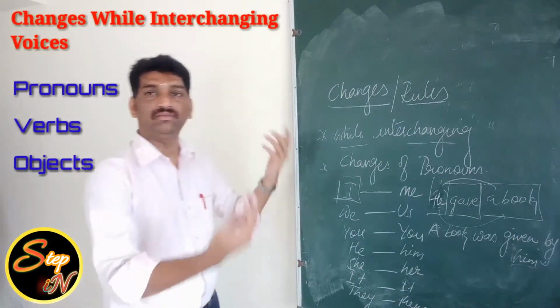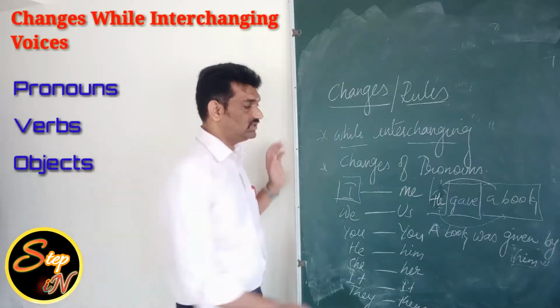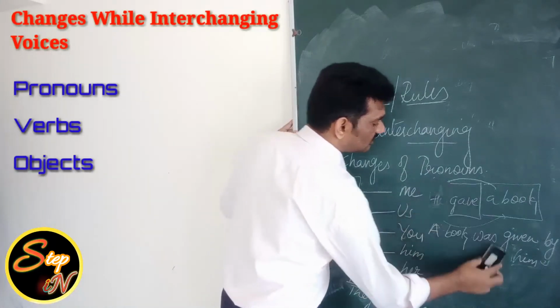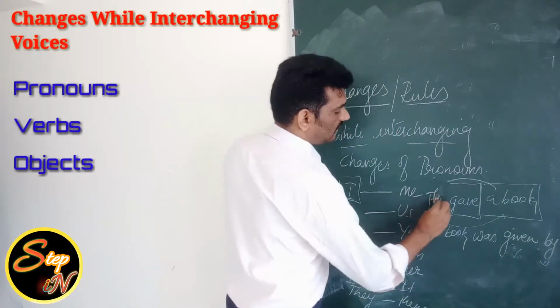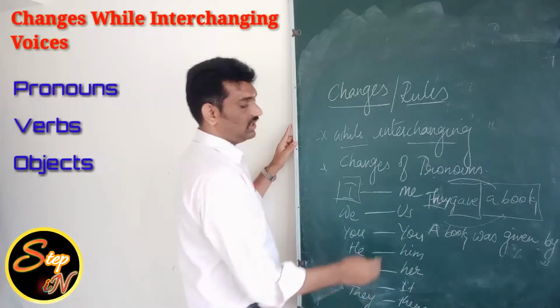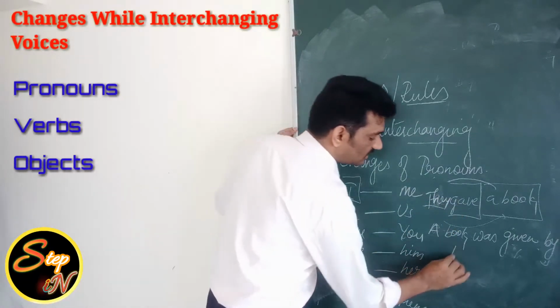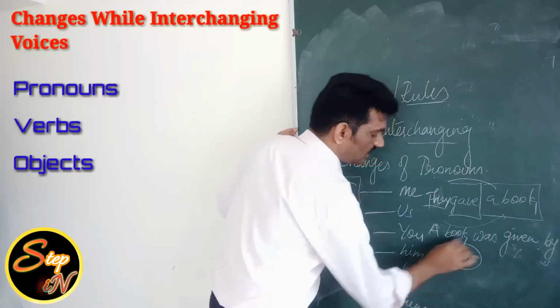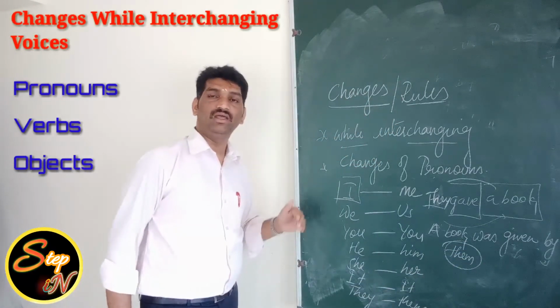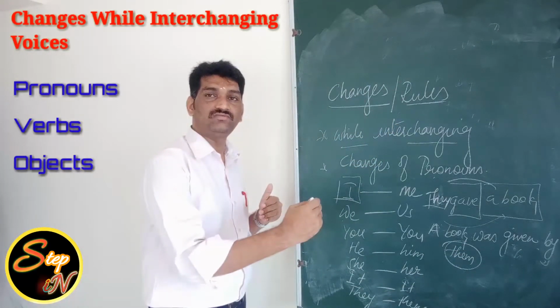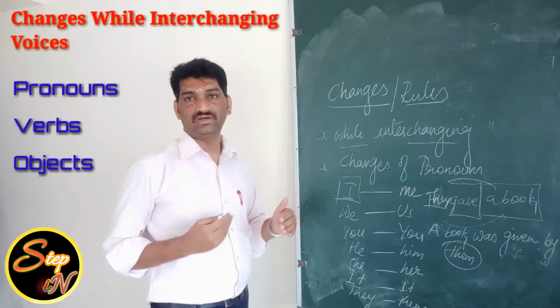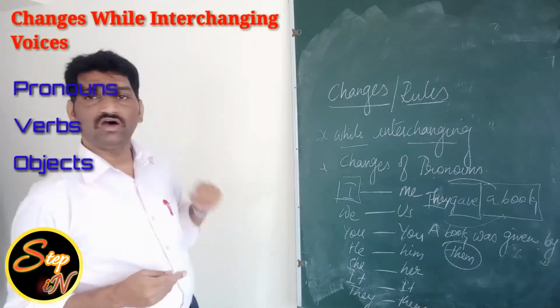If it is for it, it remains it as it is. And for they, they gave a book, then a book was given by them. So like these, changes would happen while changing into passive or from passive to active. That is changes of pronouns.